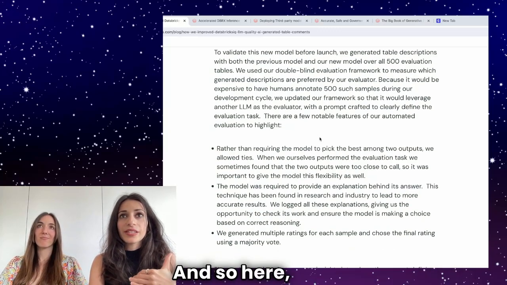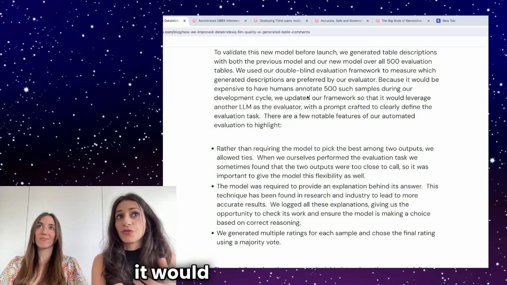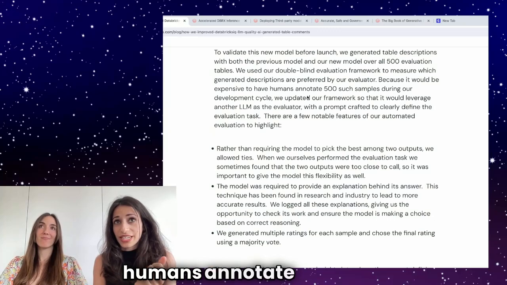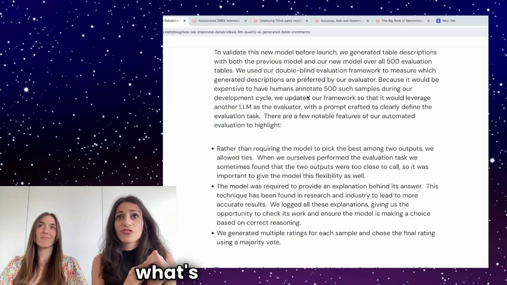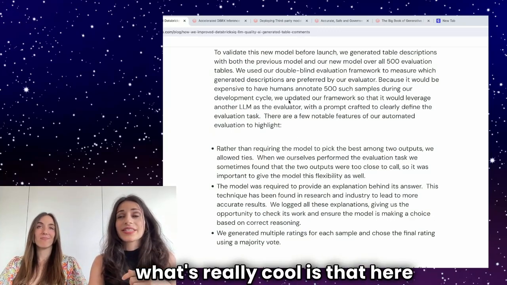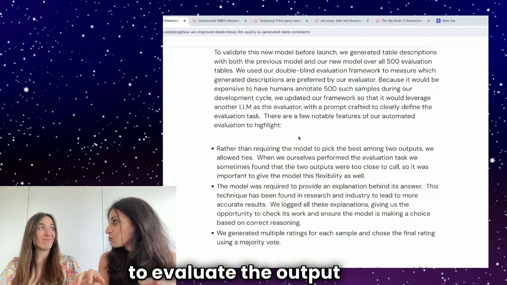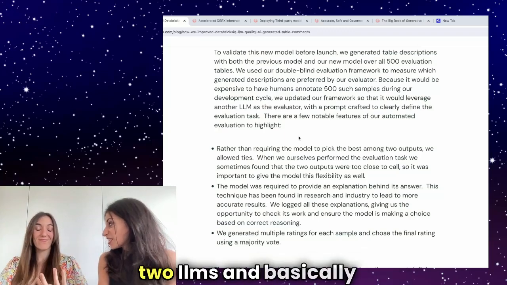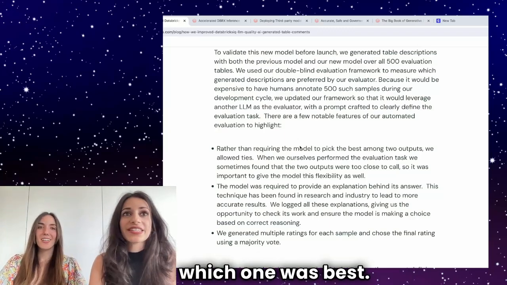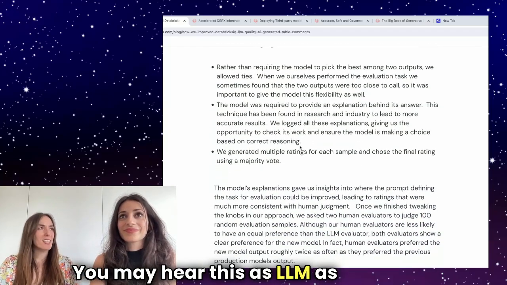Because it would be expensive to have humans annotate 500 samples, what's really cool is that they used another LLM to evaluate the output of those two LLMs and judge which one was best. You may hear this as LLM as a judge.